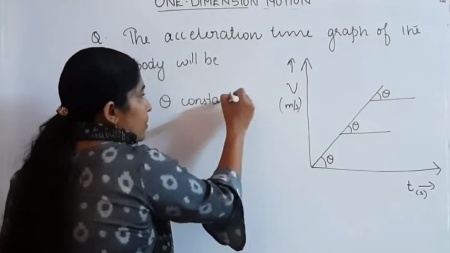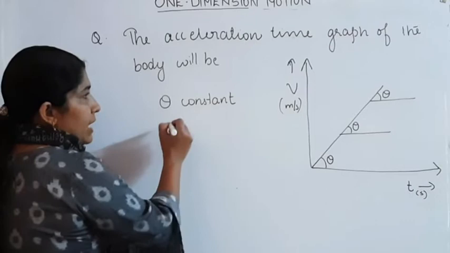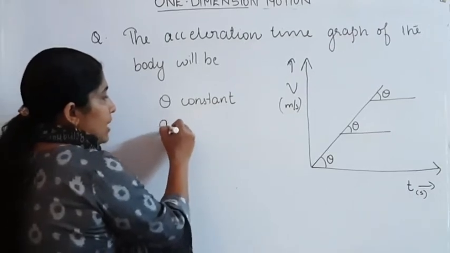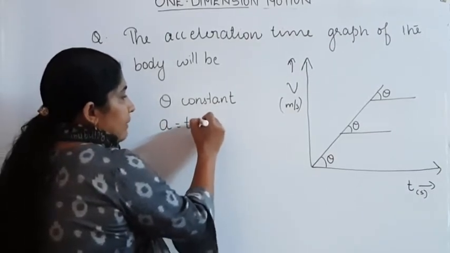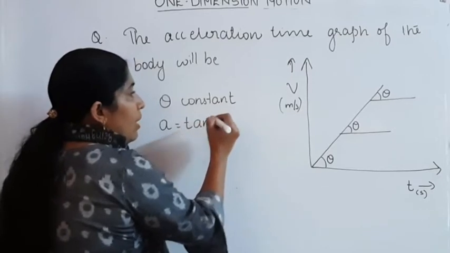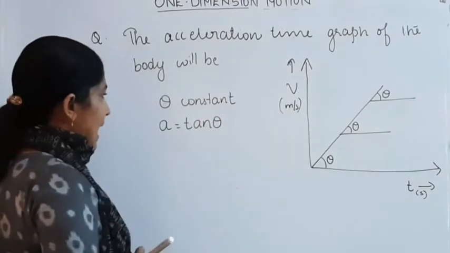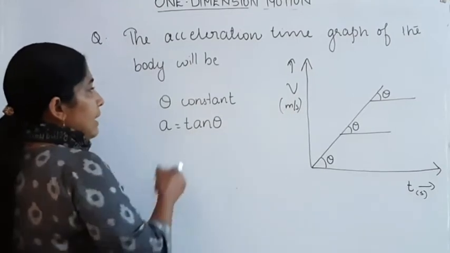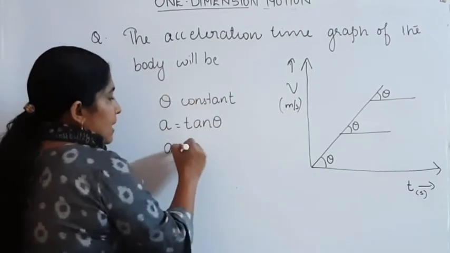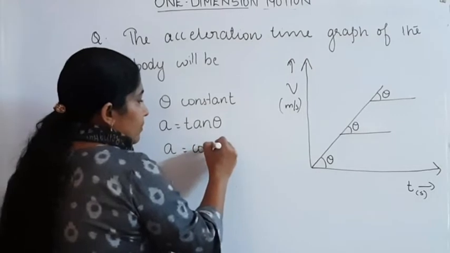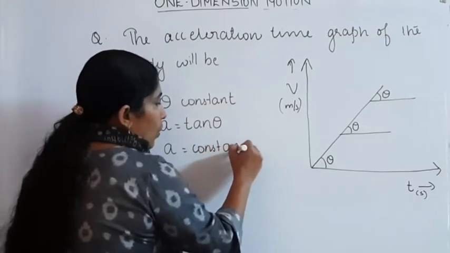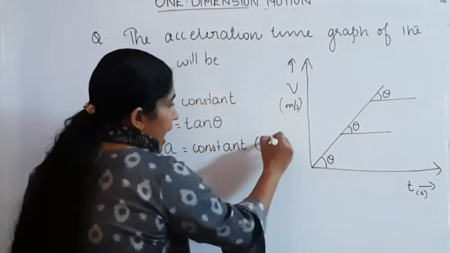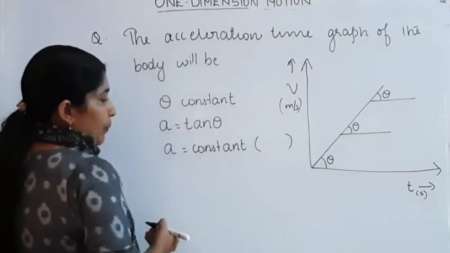Theta remains constant. So, we can say that acceleration a is equal to tan theta. Slope of the velocity time graph is acceleration. Acceleration a is equal to tan theta. Theta constant means acceleration constant, and it will have a definite value.